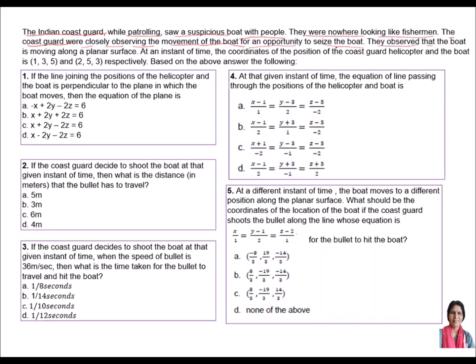They observed that the boat is moving along a planar surface. At an instant of time, the coordinates of the position of the Coast Guard helicopter and the boat are (1, 3, 5) and (2, 5, 3) respectively.